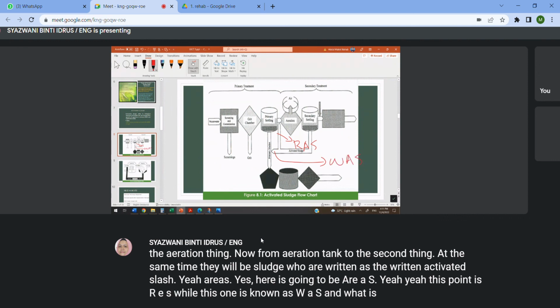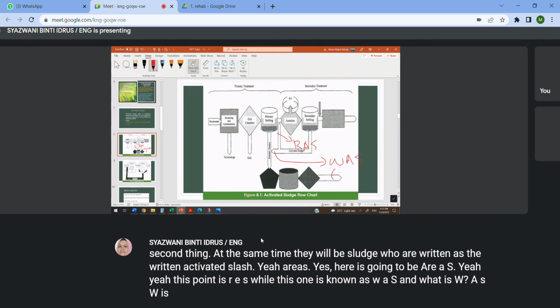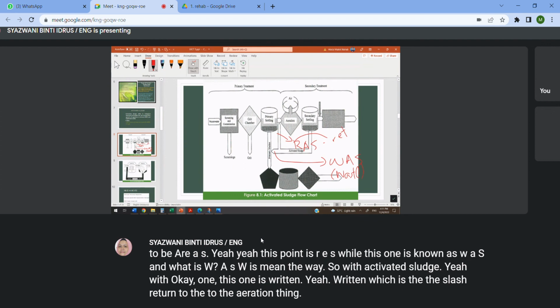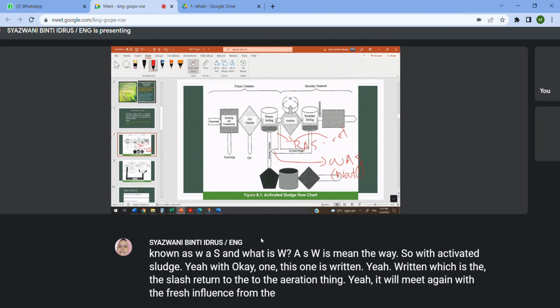What is WAS? WAS means waste activated sludge. While this one is returned, which is the sludge returned to the aeration tank. It will meet again with the fresh influent from the primary tank and go into the aeration tank.